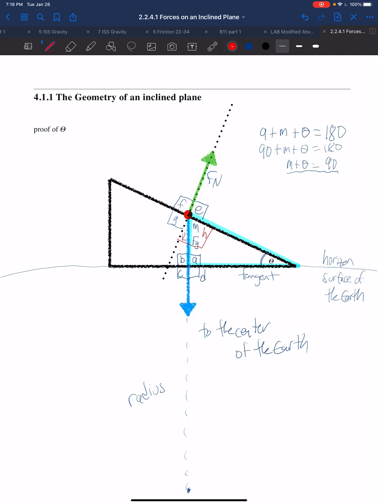Well, what do we know? We know that M plus K equals H, and H is 90. So we have M plus K is 90, and we have M plus theta equals 90.